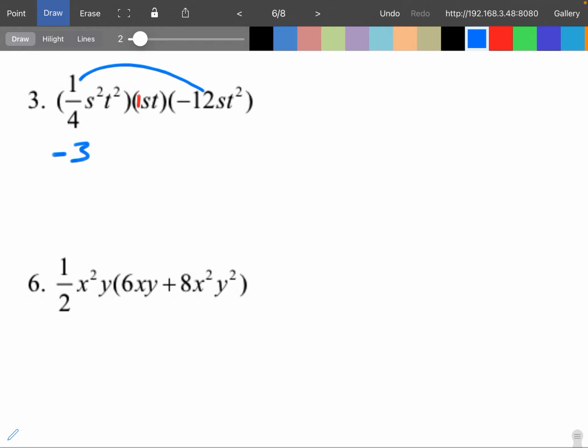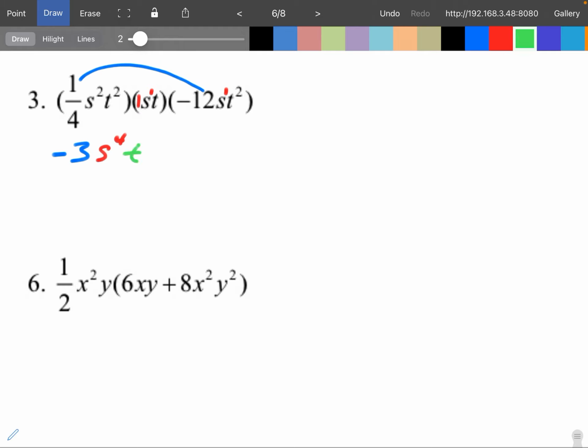Yeah, negative 3, good. So you got a negative 3. And then you got an s squared times s to the first, and then times another s to the first. So you end up with s to what power? Yep. You add the powers, so it's 2 plus 1 plus 1, so that's the 4th power.